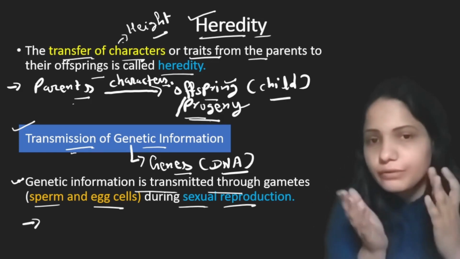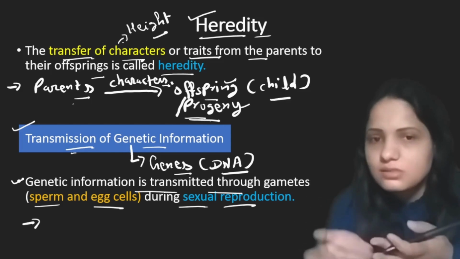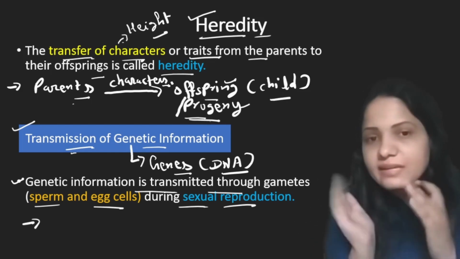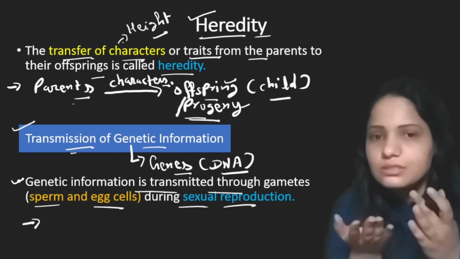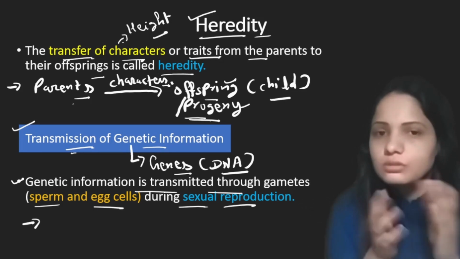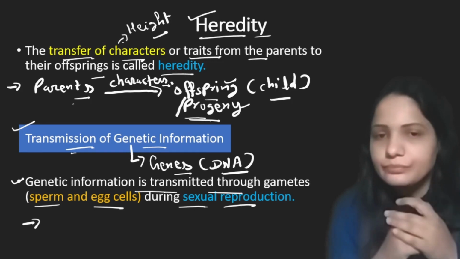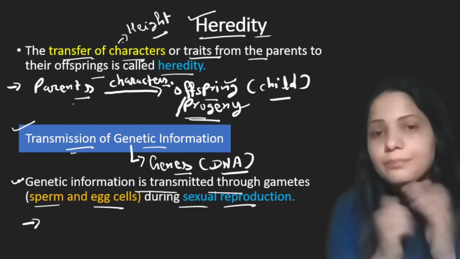Now we have a question here: how is this information transmitted from parents to offspring? How does a parent transfer its genetic information, its genes, to their child, their offspring, progeny? This happens during reproduction.